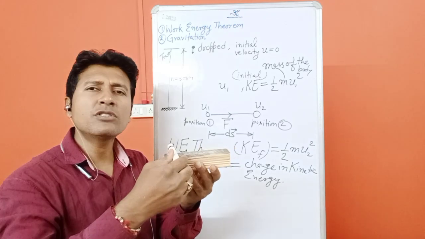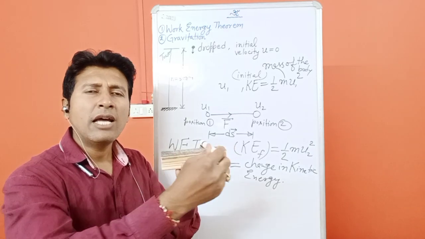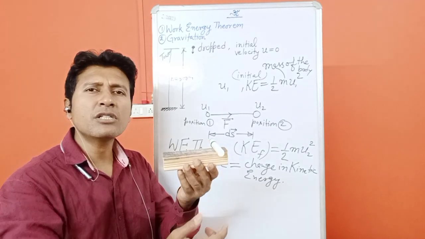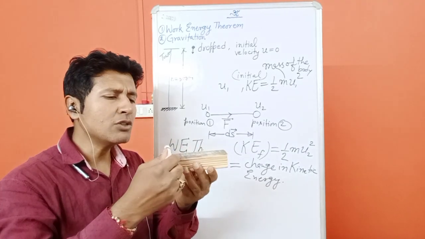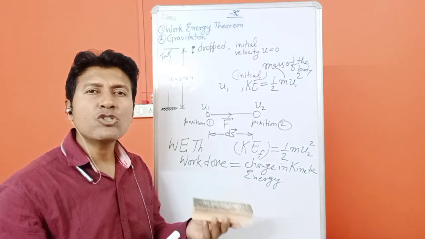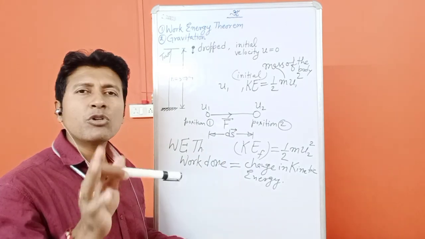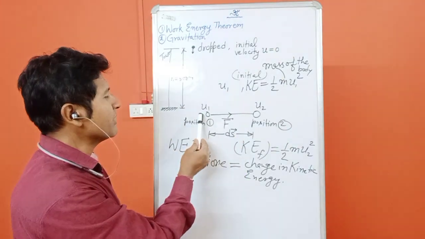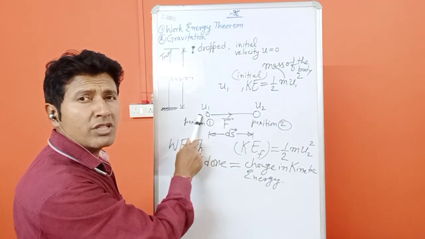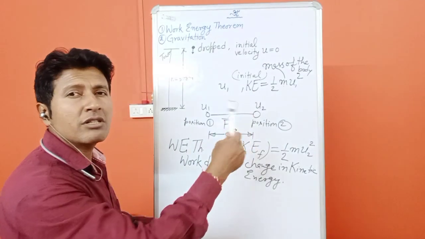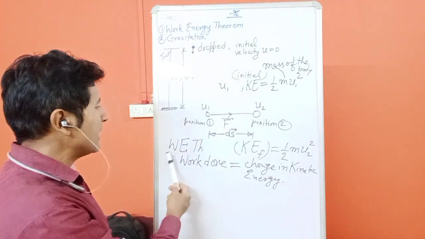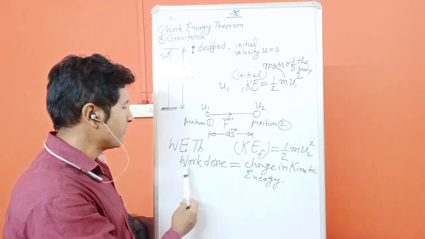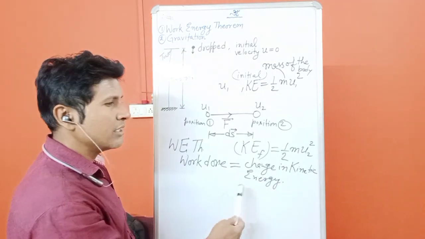So this was the initial position and this was the final position. Now in both situations, we are assuming that the body is not coming to rest. So we have considered that u1 is the initial velocity and u2 is the final velocity. As per the work energy theorem, work done is equal to change in kinetic energy.